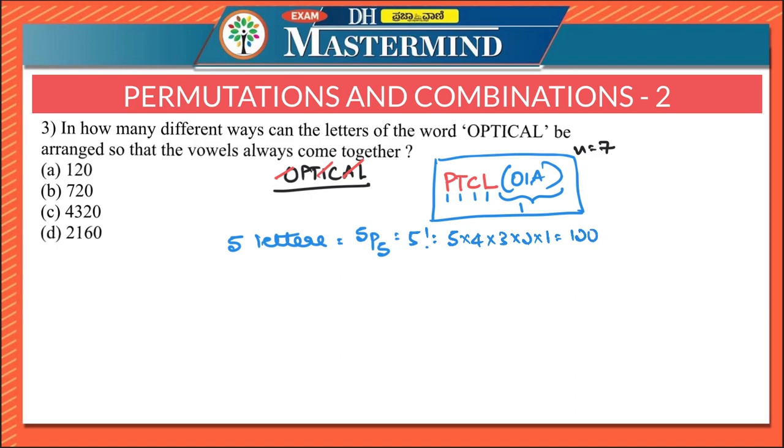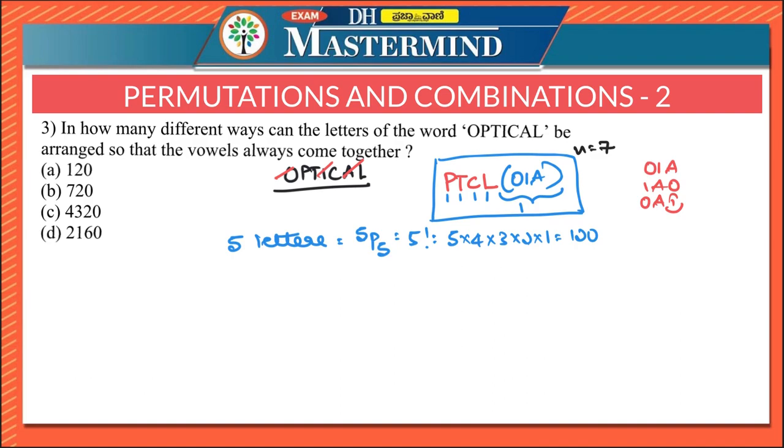However, we cannot stop the problem here. Even O, I, A can be arranged among themselves like OIA, IAO, OAI, etc. That combination should also be taken into consideration.